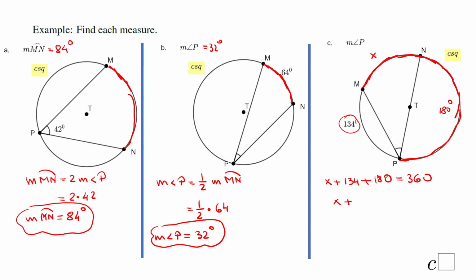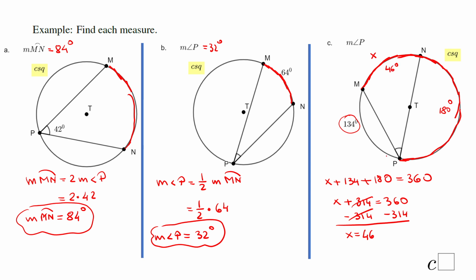That is 314, equals 360. For finding x, I'm going to subtract 314 on both sides. So we have x equals 46. And remember, this x is the measure of this arc, 46 degrees.